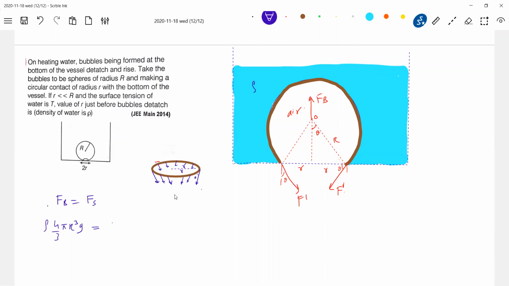The surface tension is T, 2 pi r into, so what shall we write? Sine theta. Sir, why sine theta?